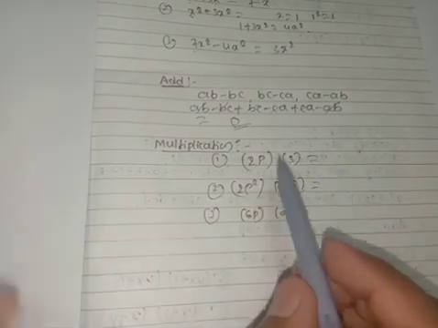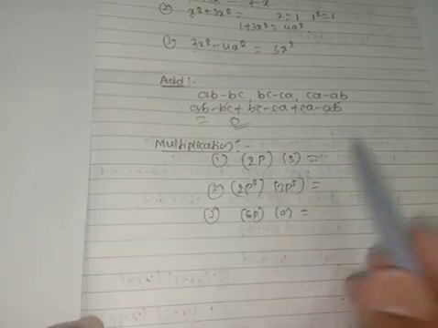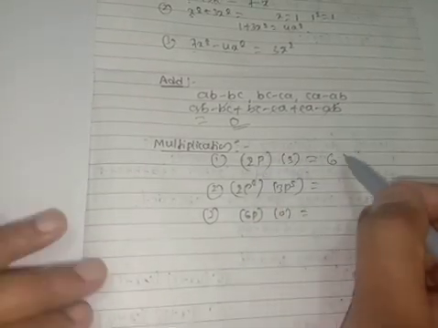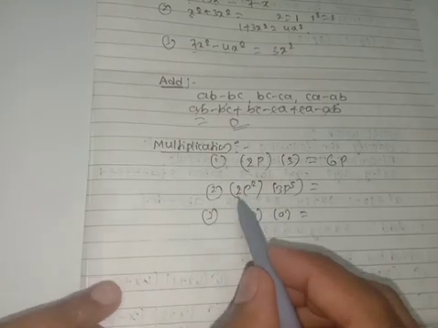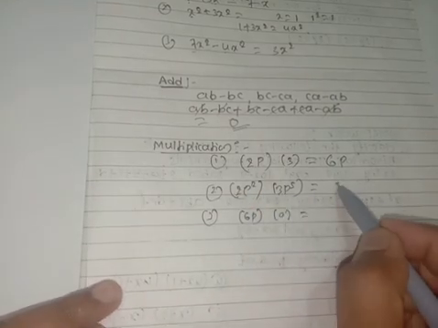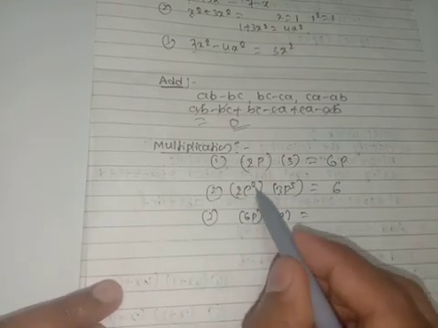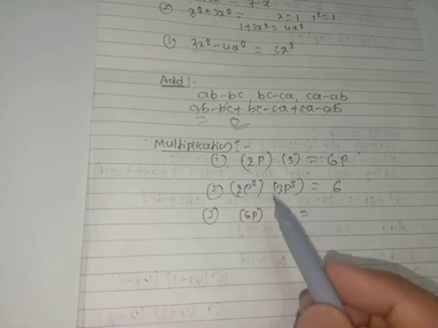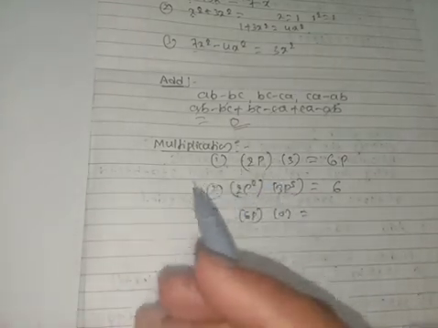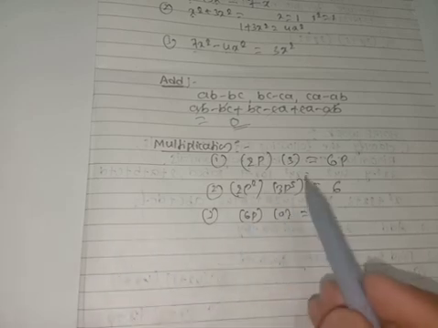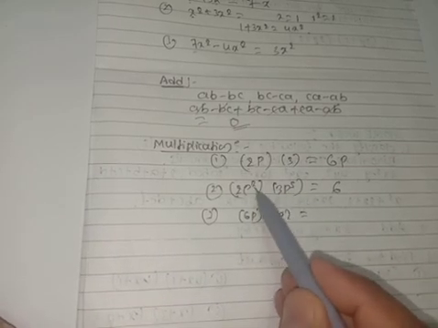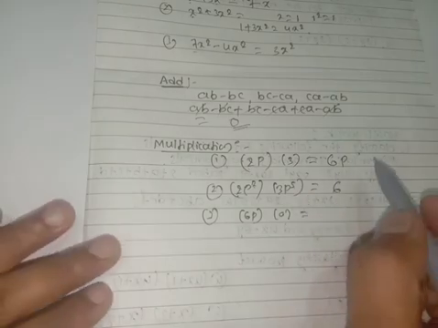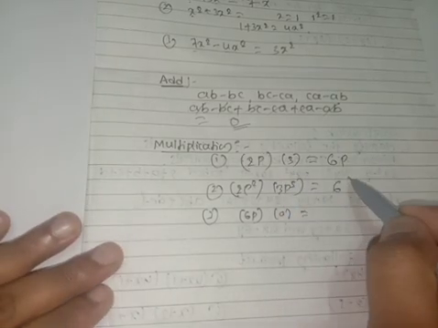2p into 3 means, here 3 is a constant, 2 3s are 6, and p keep as it is. 2p square into 3p raised to 5 means 2 and 3, 2 3s are 6, and the powers in the multiplication process are added. In the rule of exponents, the powers are added, means 5 plus 2 is 7.